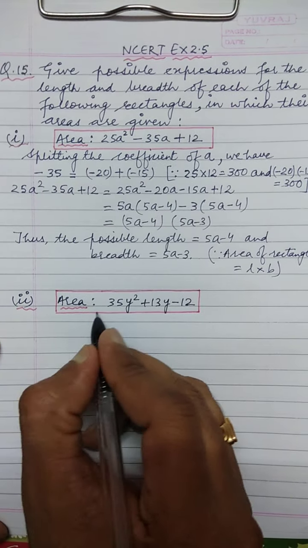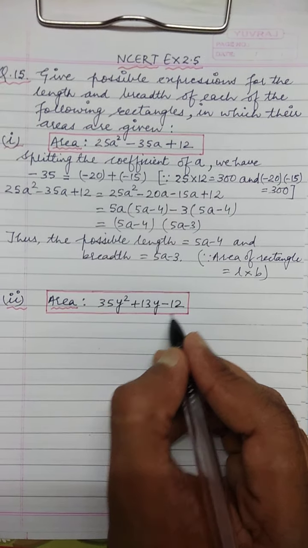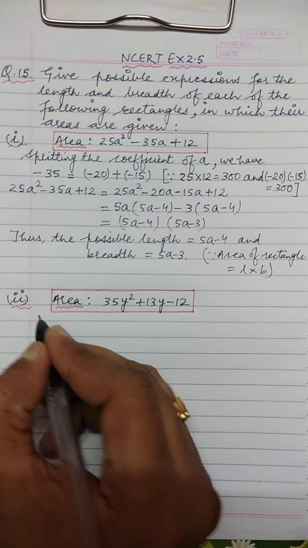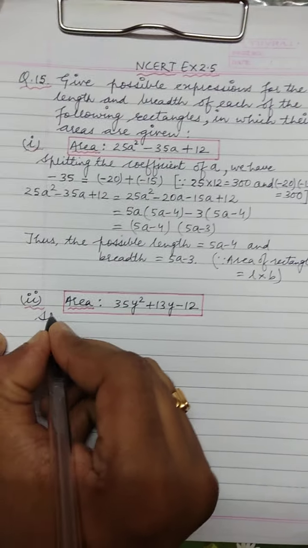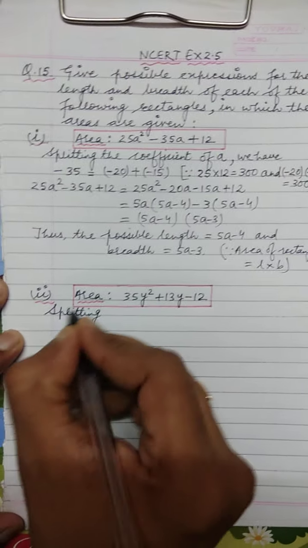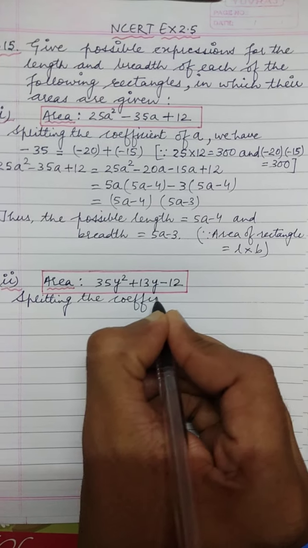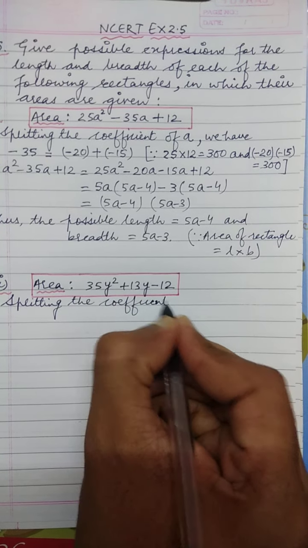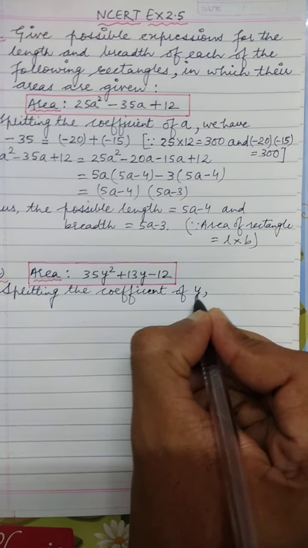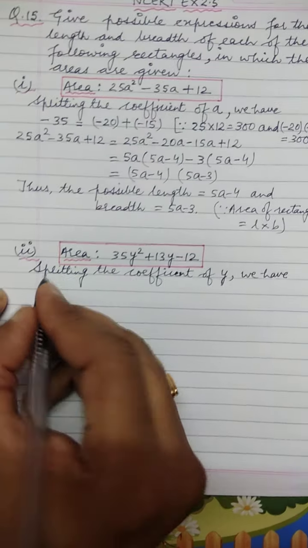Now secondly, we have been given area as 35y square plus 13y minus 12. So here also we use the same splitting the middle term method. Splitting the coefficient of y, we have plus 13.